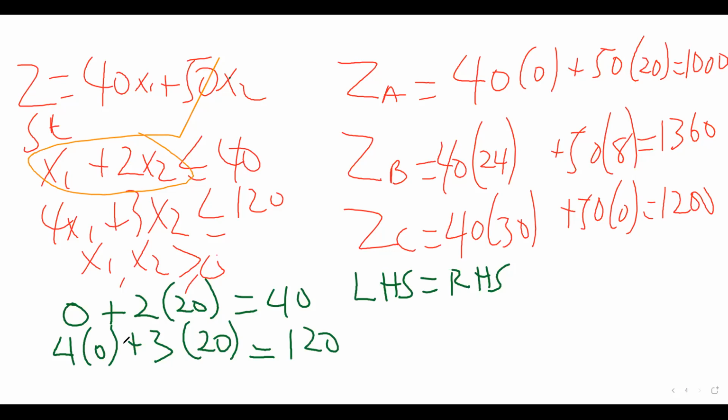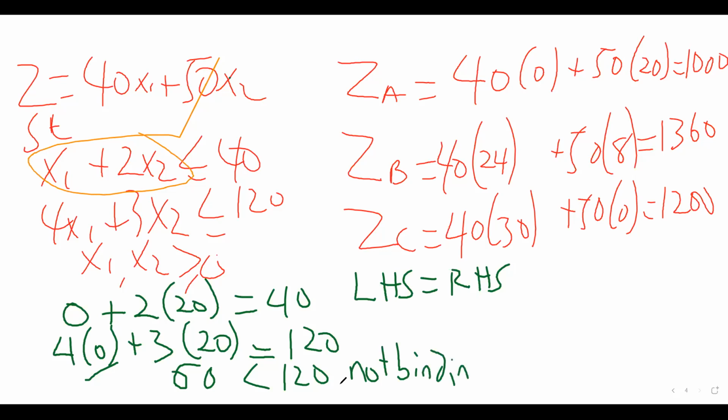Now watch it carefully. You can see that this will be 0, but this will be 60. And 60 is not equal to 120, but 60 is less than 120. So what does that mean? What this means is that this second constraint is not binding. So this is not a binding constraint.